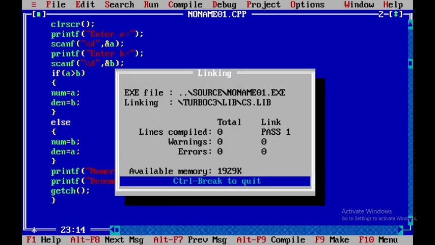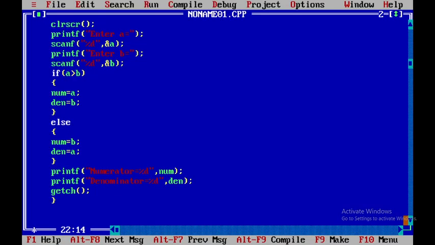Now if you run here, and if we enter a is 4 and b is 6, then numerator is 6, denominator, okay, we want a new line character here.